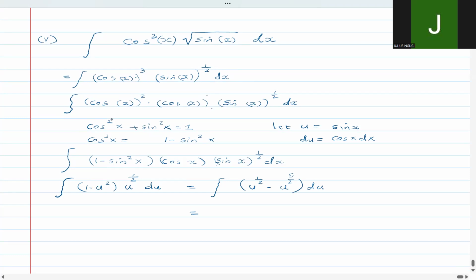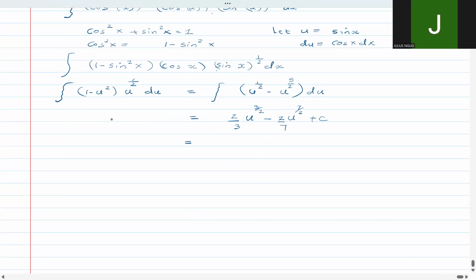So this becomes, when you integrate, u to the power of 3/2 divided by 3/2, the same as 2/3, minus u add 1, you have u to the 7/2 divided by 7/2, which is like multiplied by 2/7, plus a constant c.